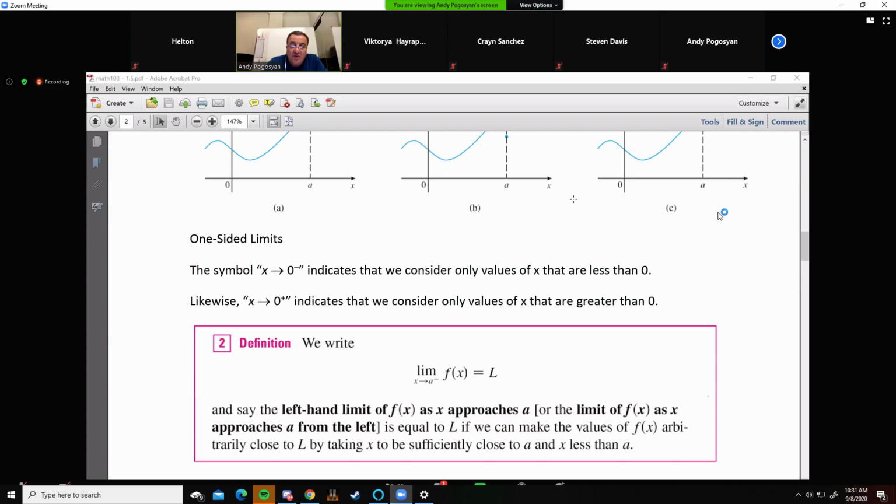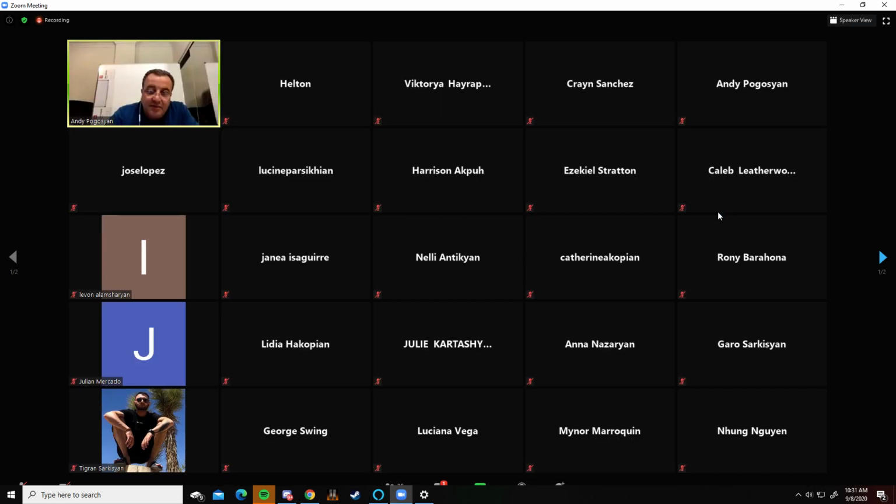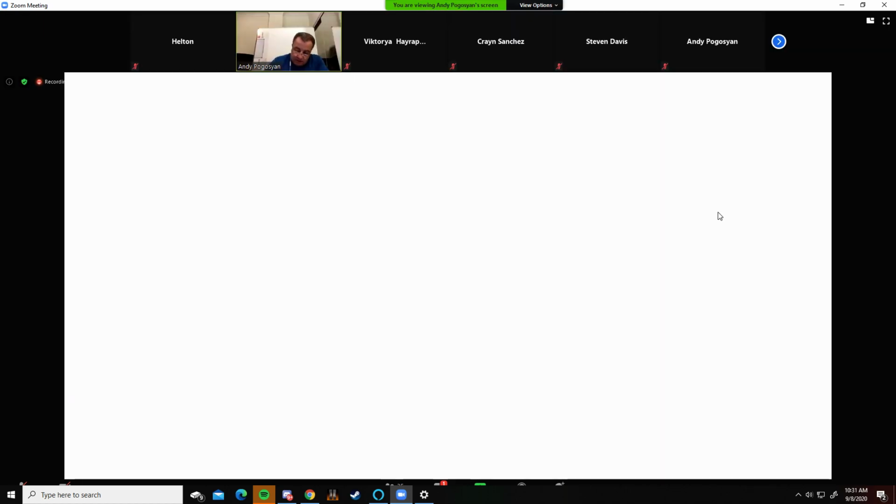Now let's do one example. Assume f of x is a function such that it equals 1 if x is less than or equal to 0, and negative 1 if x is greater than 0.